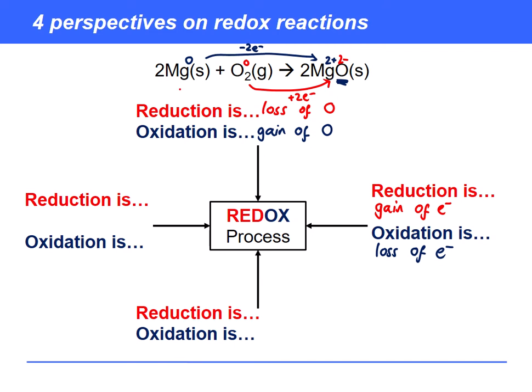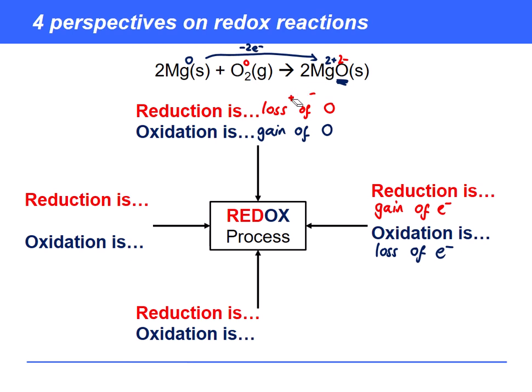And so we see that the magnesium, which gained the oxygen, is also the element which has lost its electrons, and hence it's been oxidized. And this scheme allows us to see more easily that it must be the oxygen, O2, which has been reduced because it has gained electrons.